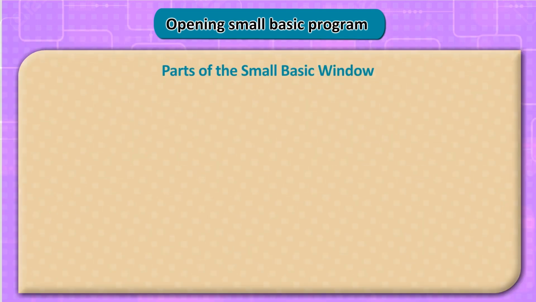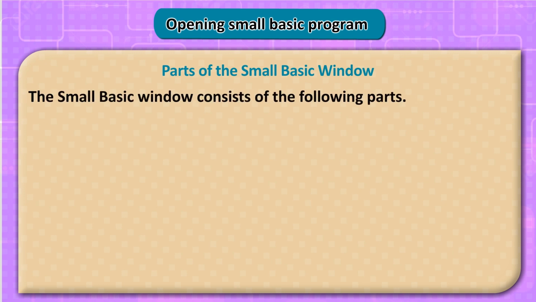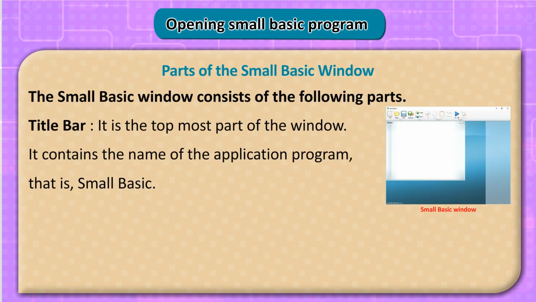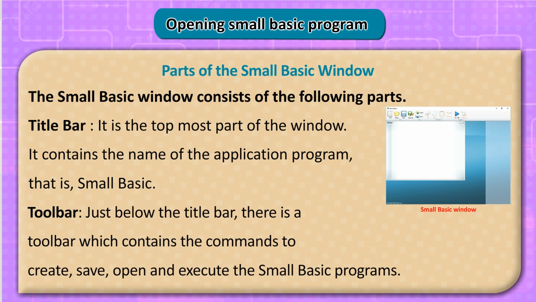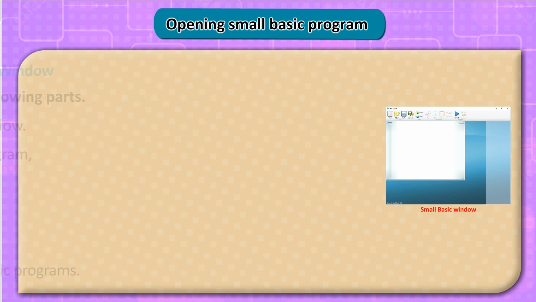Parts of the Small Basic window. The Small Basic window consists of the following parts. Title bar. It is the topmost part of the window. It contains the name of the application program, that is, Small Basic. Toolbar. Just below the title bar, there is a toolbar which contains the commands to create, save, open and execute the Small Basic programs.